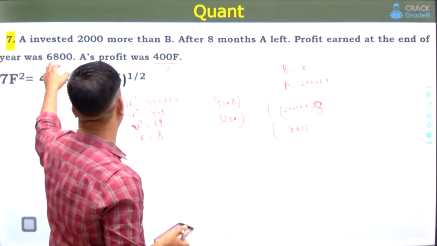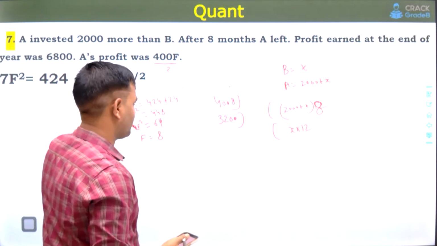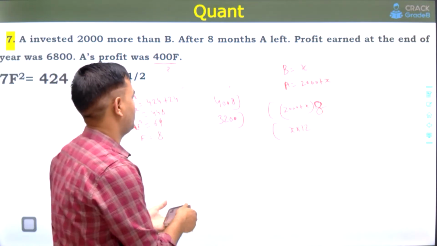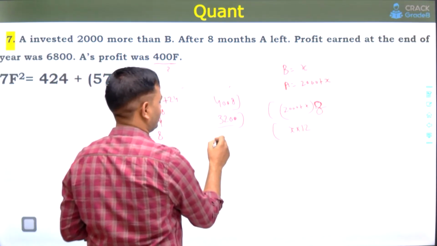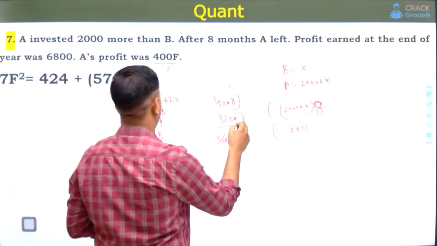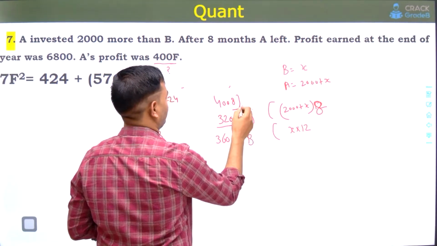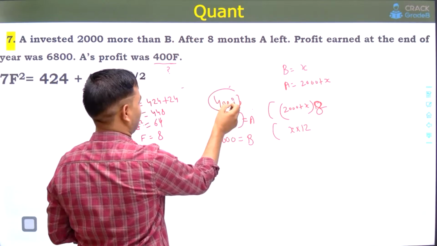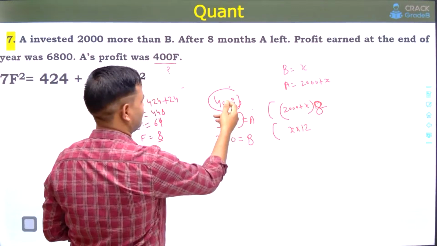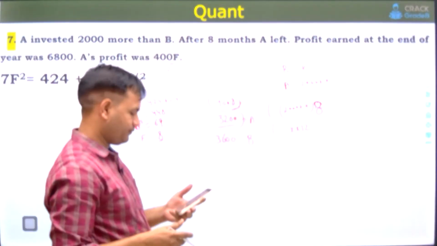So accordingly this profit you will get from here. Total profit was 6800. If you use this equation, you will get 3600 for A, this was for B, and if we consider F at the last digit, then we will put F here. From here you will get something different, and using this equation you can solve.